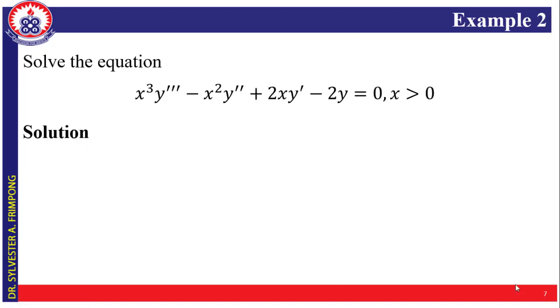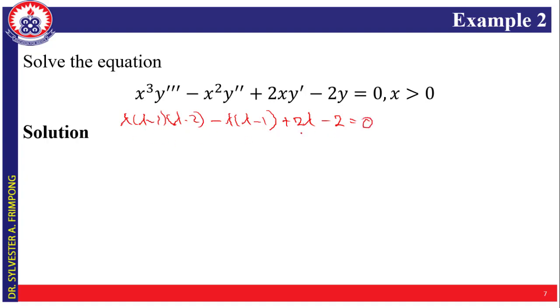Let's look at the next example. This is a third order Cauchy Euler equation. So the characteristic equation becomes, the coefficients are 1, 1, 2, 2. So the characteristic equation becomes lambda into lambda minus 1, lambda minus 2, minus lambda into lambda minus 1, plus 2 lambda minus 2 equal to 0.